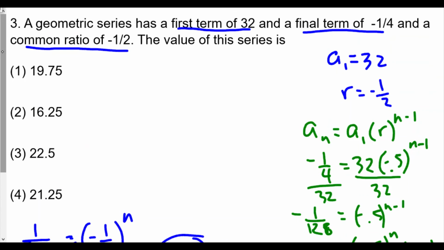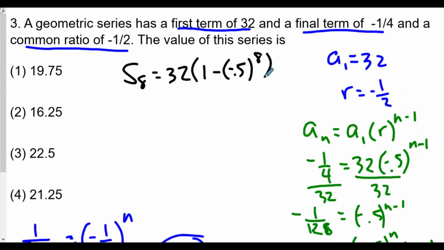We'll use our formula of S of 8 is equal to A1, which is 32, times 1 minus negative 0.5 to the eighth power, close parenthesis, all over 1 minus negative 0.5.